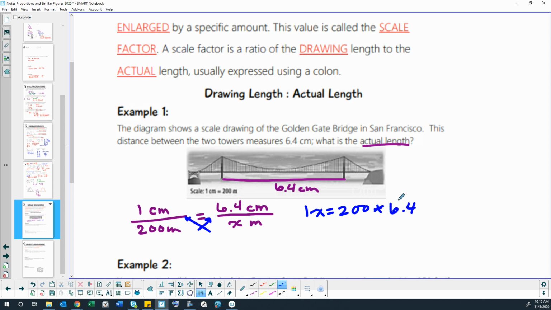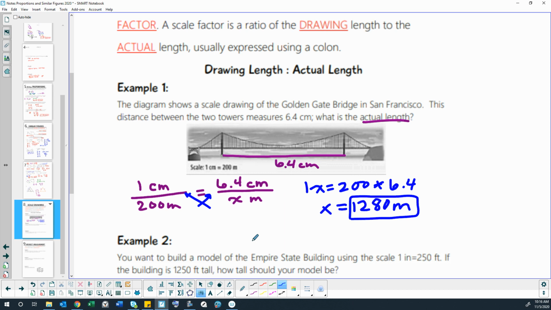Let's use a calculator to multiply that together. 200 times 6.4 is 1280. So we have x equals 1280. Since we multiplied by 1, we already have our x answer, and this is our final answer. It's 1280 meters from one tower to the other in actual real life.